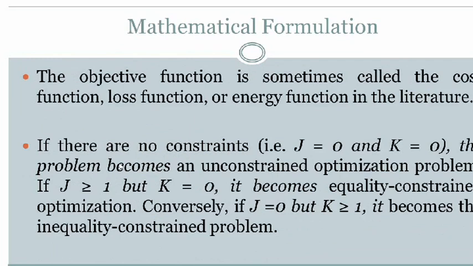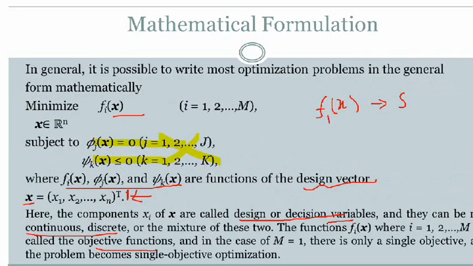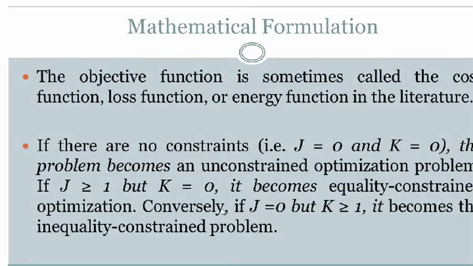Conversely, if j equals 0 and k is greater than or equal to 1, that is the equality will be struck out, and here this is less than, then the problem becomes the inequality constraint problem. This is, as a whole, the mathematical formulation of our optimization problem.